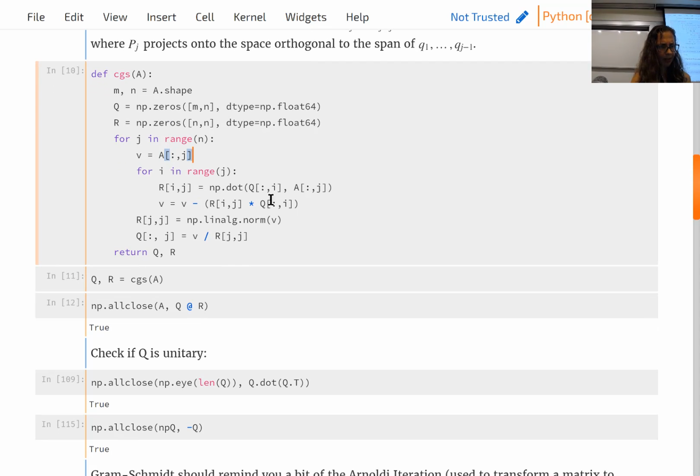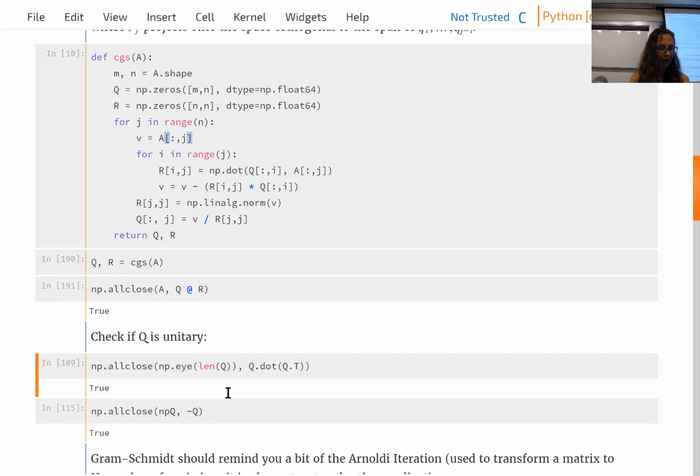And so we can test this out. To make sure that you have a valid algorithm that's actually finding your QR factorization, you want to check that Q times R gives you your original matrix back, since that's an important part of being a factorization. We want to check that Q is actually orthonormal, which is what we expected.